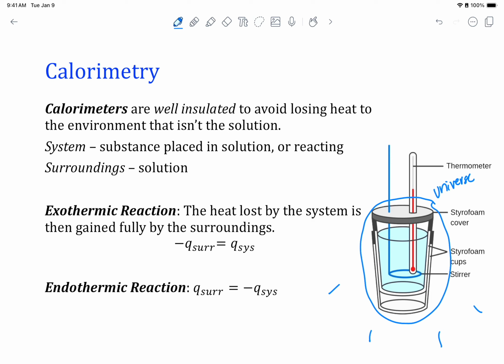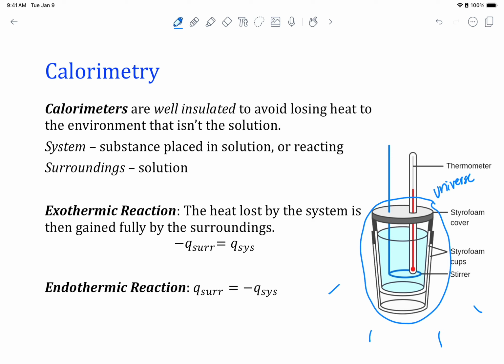For an endothermic reaction, since this is where our negative is, the system is what's gaining the heat. The heat is being transferred to the system, so that Q has the negative. Mathematically, the signs will end up working out because really all it's saying is that the heat is opposite of what it was. So the heat of the surroundings is opposite of the heat of the system.